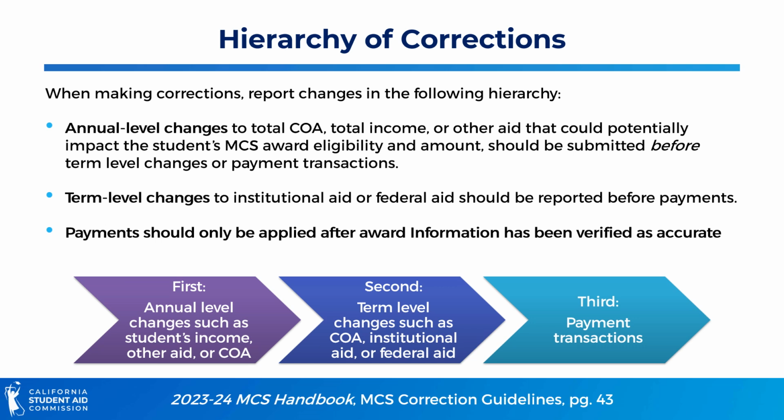First, annual level corrections to total cost of attendance, total income, or other aid that could potentially impact the student's MCS award eligibility should be submitted before term level corrections and payment transactions. Next, term level changes to institutional aid, federal aid, or any other fields should always be reported before a payment. Finally, payments should only be applied after the award information has been verified as accurate.